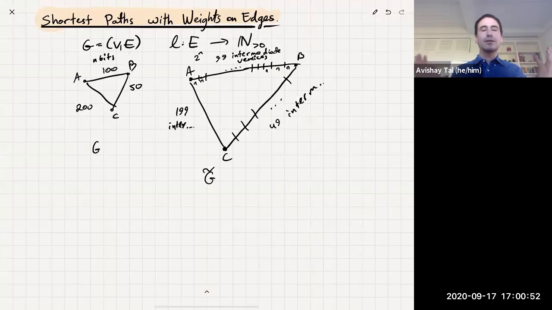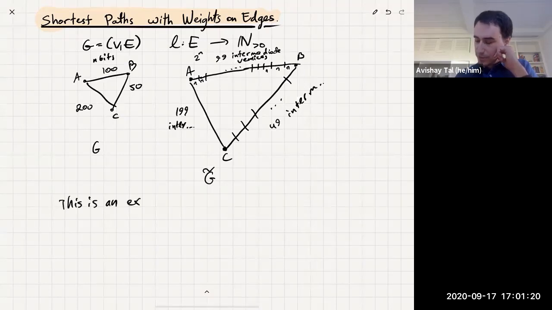So this is not a polynomial time algorithm. This algorithm may take exponential time in the bit complexity of the weights. If the weights are 2 to the n, which can be represented by n bits, then the algorithm would take time roughly 2 to the n. So this is an exponential time algorithm. And we don't really consider these algorithms as efficient, right?